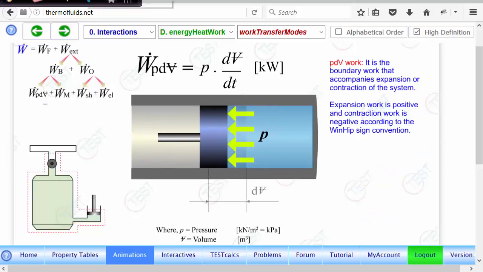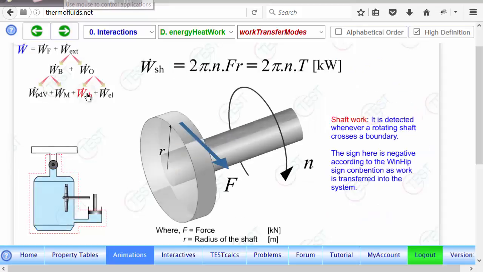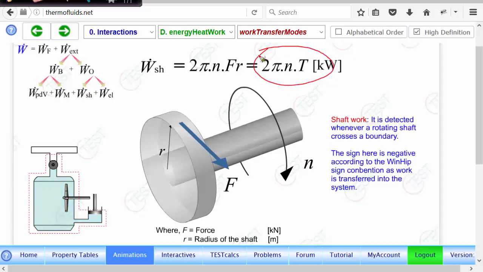All right, to do so, I have to first get rid of this. Okay, here's the shaft work. Again, this formula should be familiar to you from mechanics, 2 pi n T. It is the rotational counterpart of force times distance. Instead of force we have the torque, and instead of distance we have the angle.